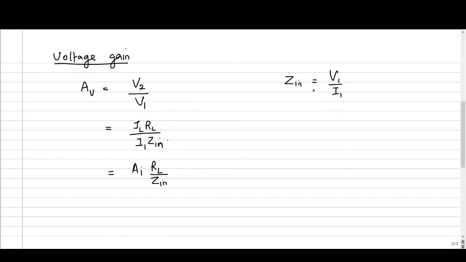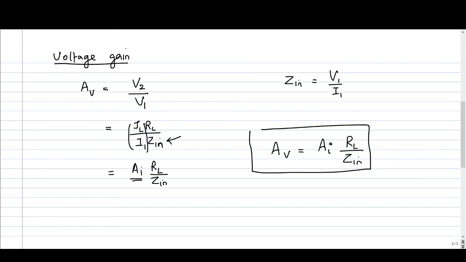So V1 is simply I1 into Z in, that I have written here. So IL by I1 is, we have already seen, current gain. So AI multiplied by RL by Z in. So voltage gain is simply current gain multiplied by load resistance divided by input impedance. So if you have calculated current gain and input impedance, you can directly get voltage gain using this expression.